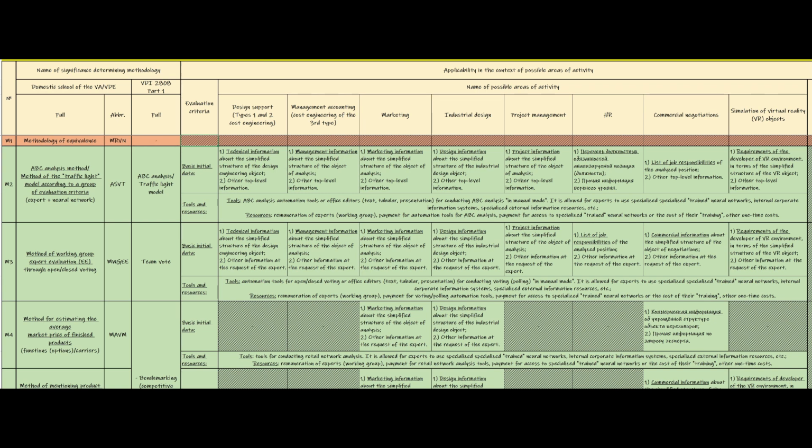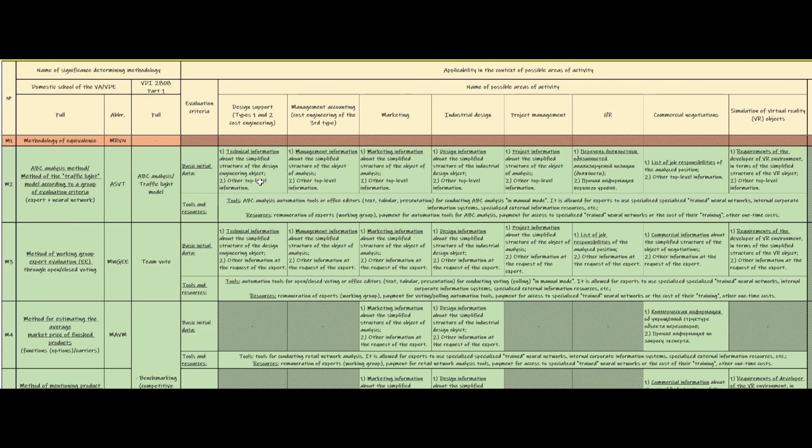Therefore, the corresponding cells for this technique are not filled in. The only purpose of adding this technique to the table is to mention it in the context of incorrect use in practice. And 2. ABC analysis method of the traffic light model according to a group of evaluation criteria.